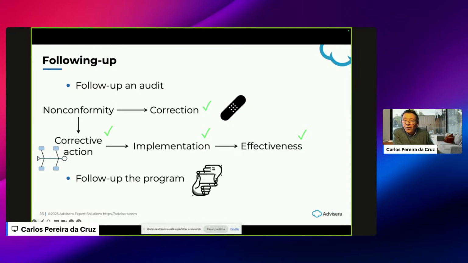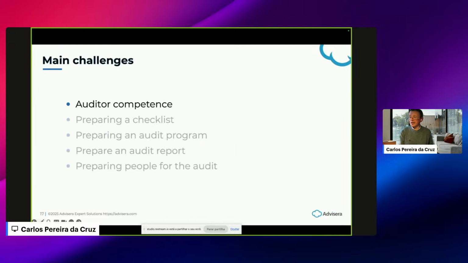Okay. All right. Main challenges. Based on the emails received before this webinar, almost 80 questions, and thank you very much for your questions, these are the main challenges regarding how to perform an ISO internal audit, presented from the questions with a higher frequency to the lower frequency.